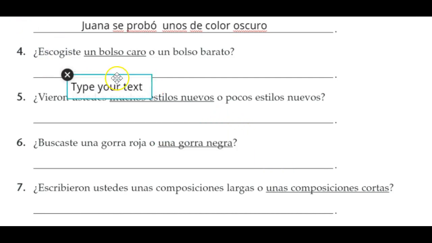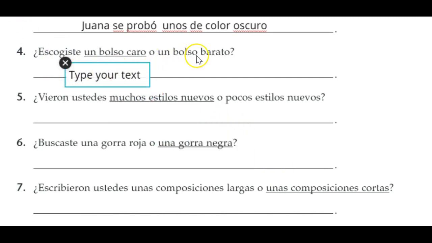Look at number 4. Escogiste un bolso caro, un bolso barato. Did you choose an expensive purse or inexpensive purse, a cheap purse. And we want to say that I chose, right? I chose a cheap, expensive one. Escogí. Okay, so escogí.